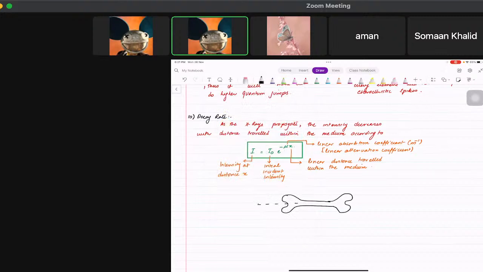So this is the X-ray, and at this point we're saying this is I naught, where it starts to enter the bone. And then of course when it has traveled a distance in a straight line, we're looking at the intensity I at that point, which means it has traveled a distance like this in a straight line, it should be linear. And the X-ray is basically going from here till here. Is that clear, everybody?